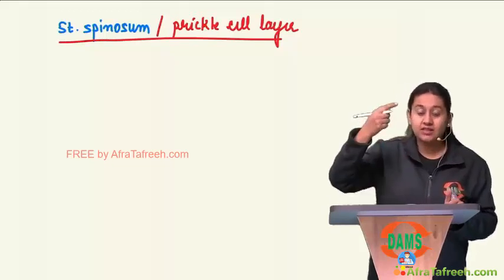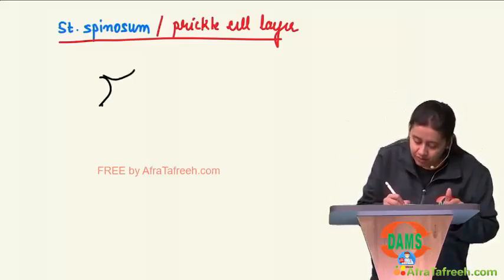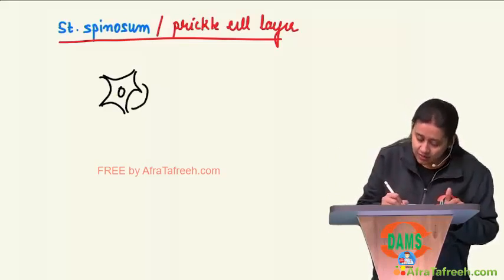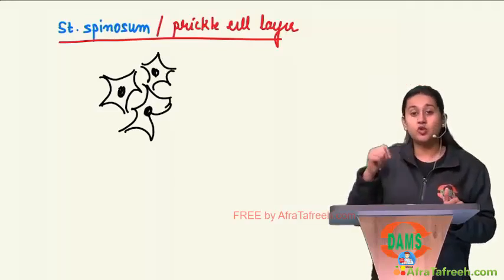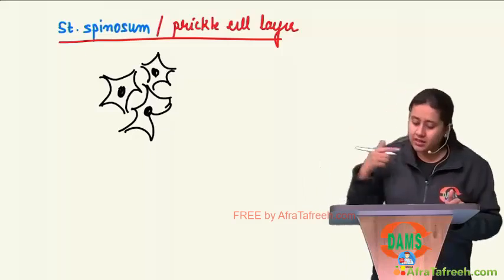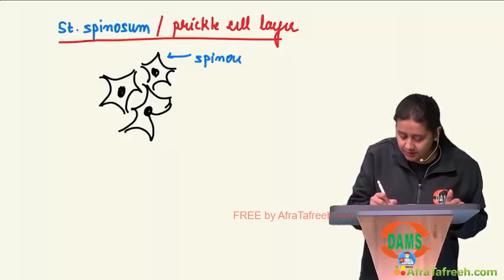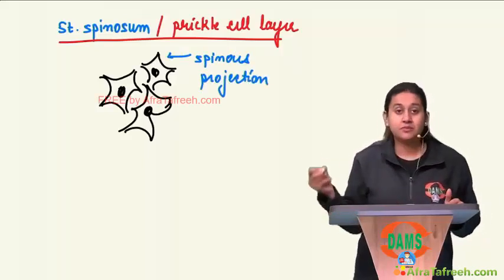But as soon as they reach the stratum spinosum, they become polygonal like this. And because of these spinous projections in them, they are called the prickle cell layer.